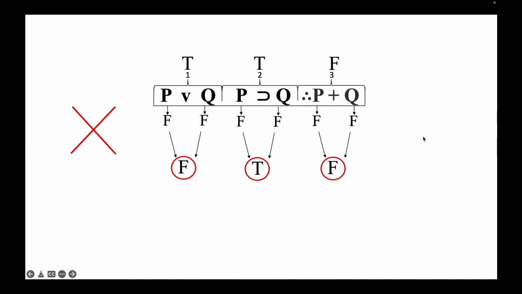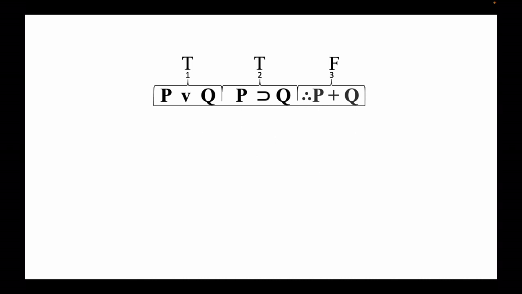Consequently, I have to do another trial. Let's do another trial. This time, P is false, Q is true. Okay? Once again, this makes the statement false. So this checks out.